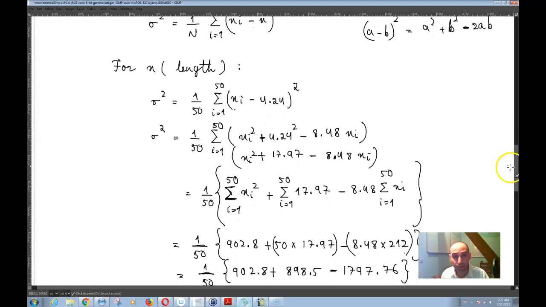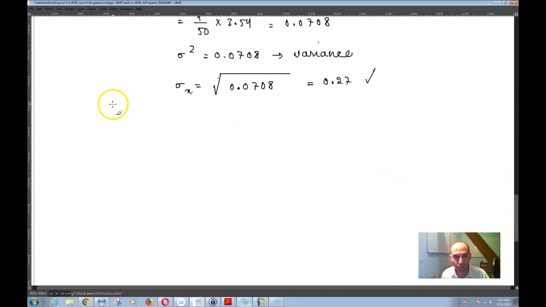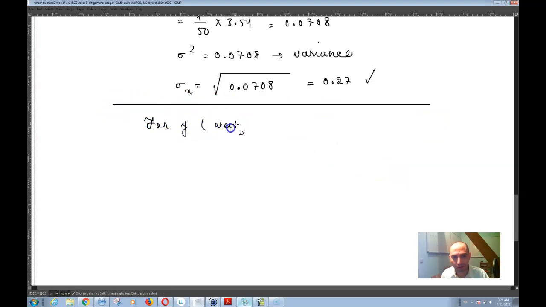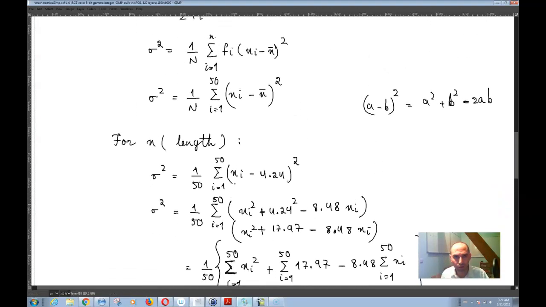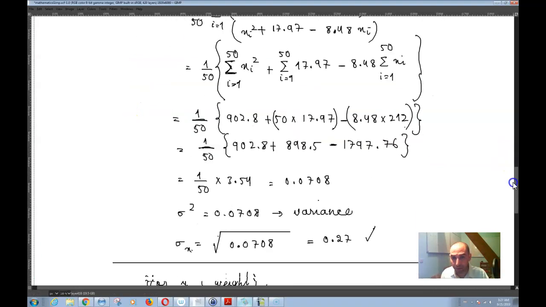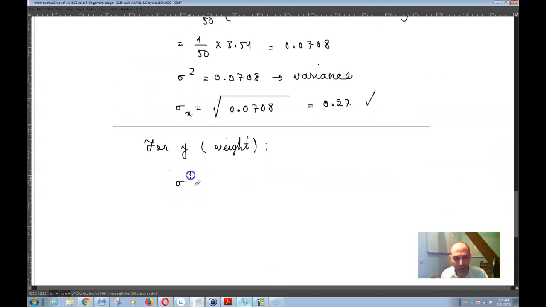Now basically for y, the weight, again, the formula that we used for sigma was, we started with variance, which is basically sigma squared is equal to 1 over n sigma of f of i times x of i minus x bar whole squared as i goes from 1 to n.